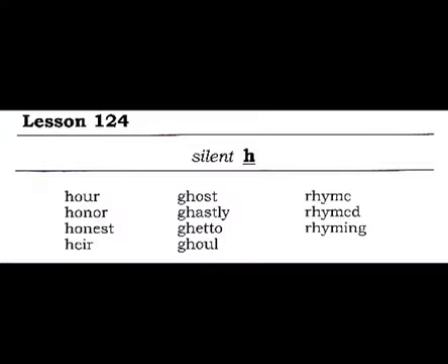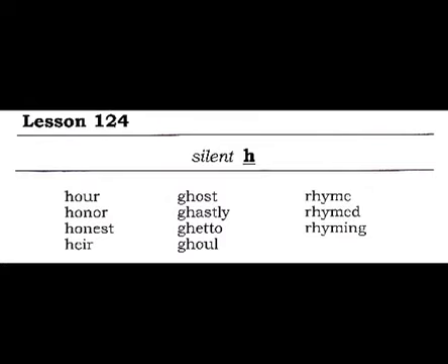Now, we have the silent H. I guess that's a consonant you could say is silent. In such words as hour, H-O-U-R, like what hour is it? Honor, he's on the honor roll, H-O-N-O-R. Honest, H-O-N-E-S-T, the H is silent there. Ghost, G-H-O-S-T.